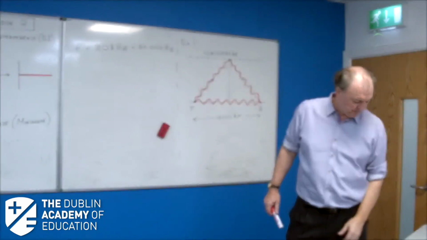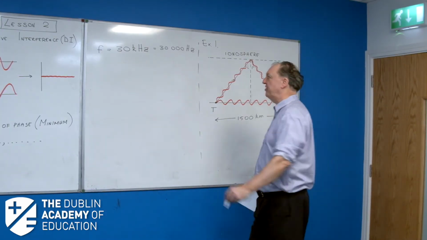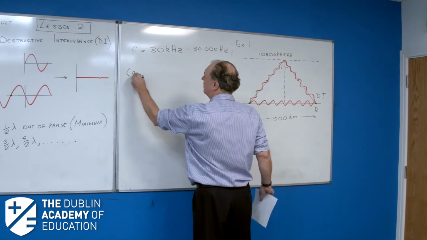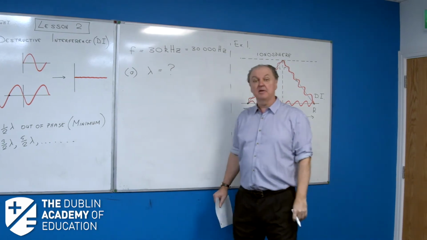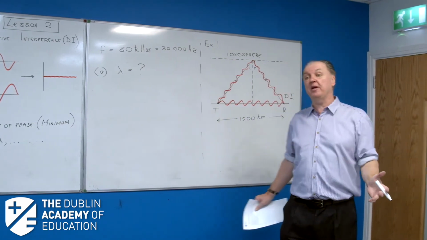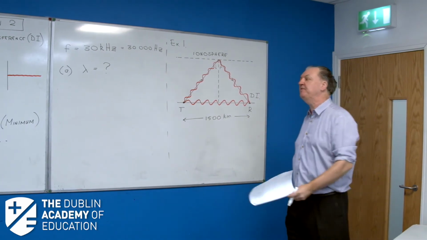Part A, they're asking me to find the wavelength of the radio waves. Lambda is equal to question mark. Now, you need to know that a radio wave is actually a light wave. It's a light wave you can't see, but it travels at the speed of light.